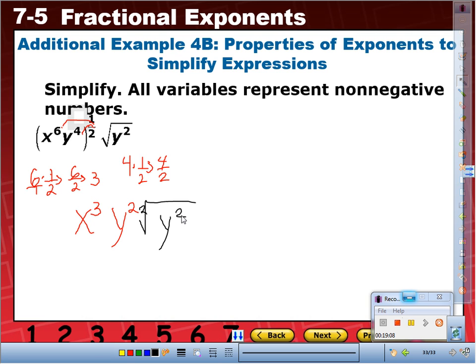They divide. 2 divided by 2 is? So we end up with y to the first. And I bring these down. X cubed, y squared. And what happens to these that have the same base? Y to the third. And I bring this one down. And I'm done. Pretty simple?